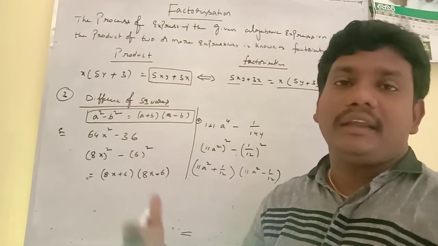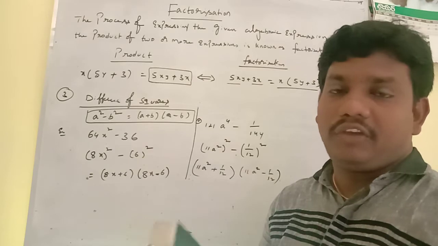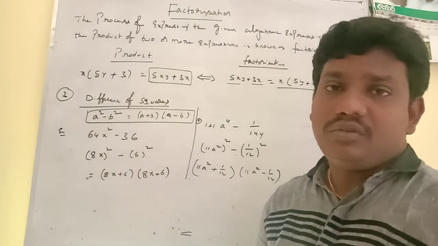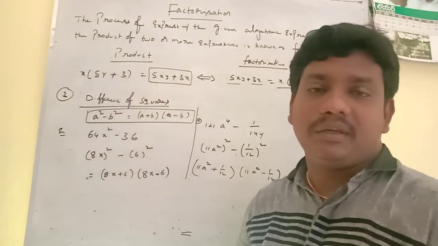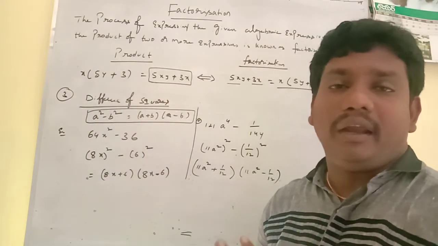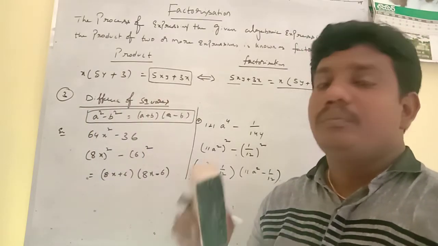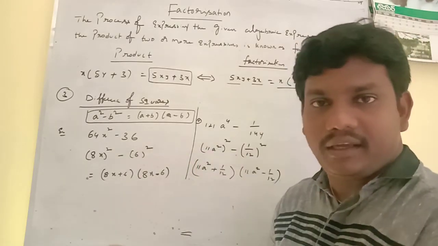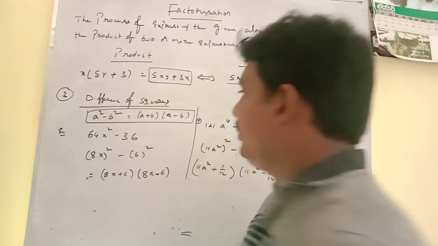If it is a quadratic expression, then we can divide it into a product of two linear expressions. If it is a cubic expression, then we can divide it into a product of three linear expressions, or the product of one quadratic expression and a linear expression. Let me see how.